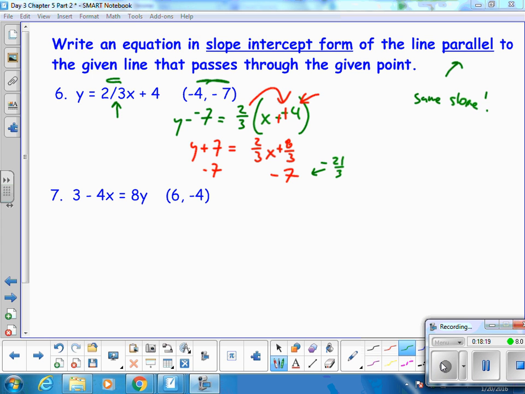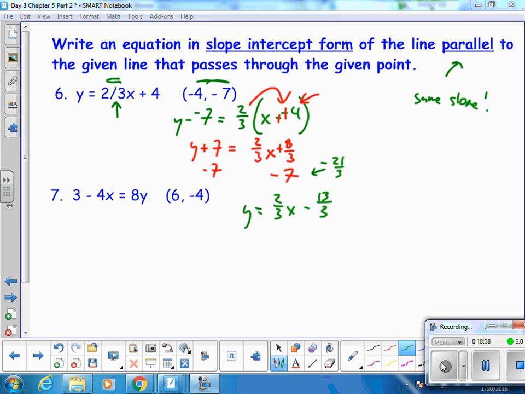I do that so it helps me keep track of everything. So I'm left with y equals, my slope is still 2/3 x, but I have 8/3 and I'm taking away 21/3, so I'm left with negative 13/3. And you can simplify that and change it into a mixed number if you'd like, if it helps you figure things out.